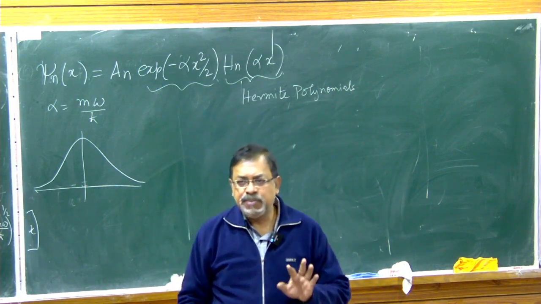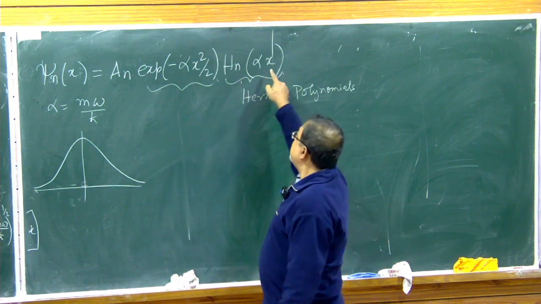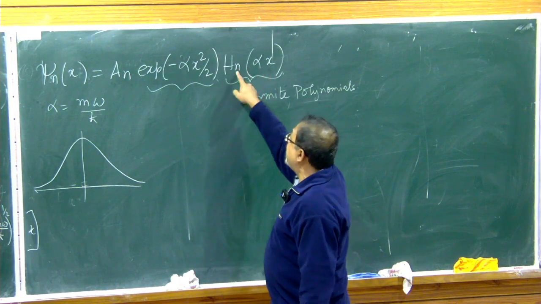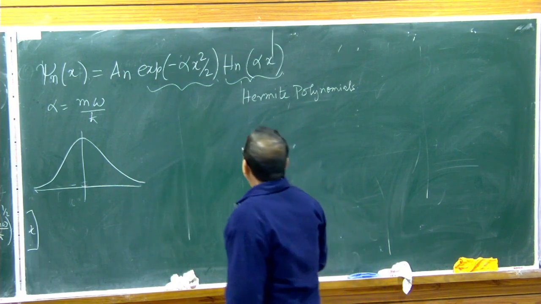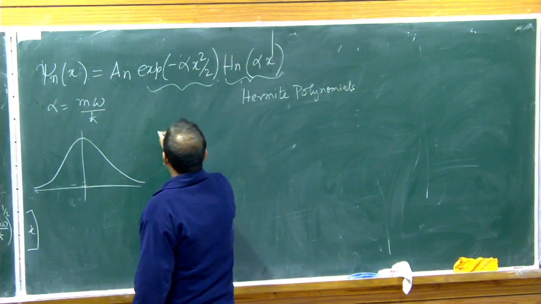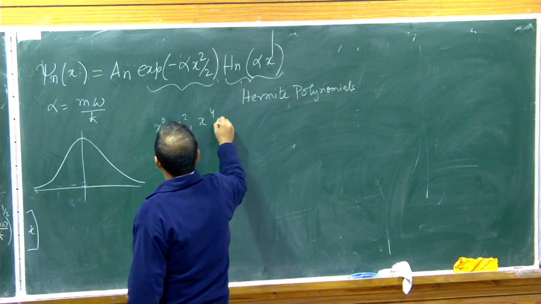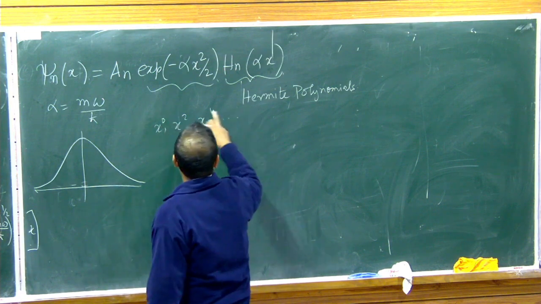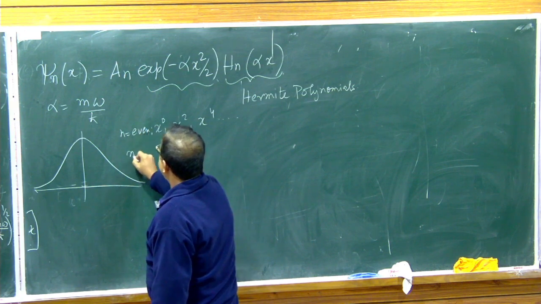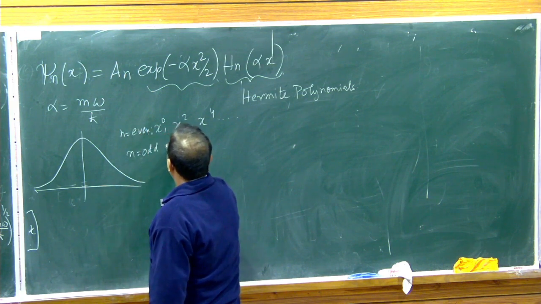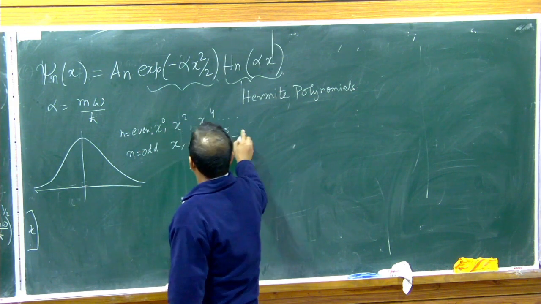But it has a nice property: when n is even, it's an even function of x, and when n is odd, it's an odd function of x. Which means that for n even, it contains terms like x to the power 0, x to the power 2, x to the power 4, and so on, and for n odd, it has terms x, x cube, x5, and so on.